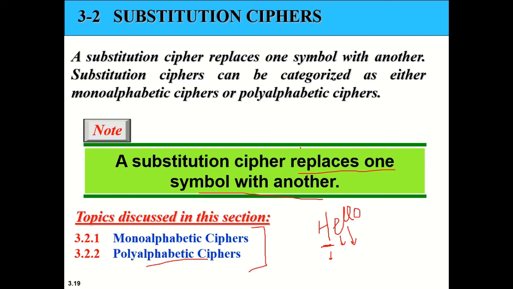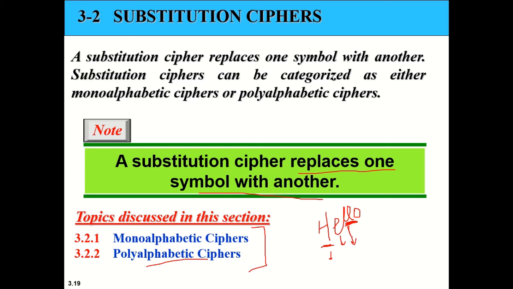Now in this substitution cipher, there will be only one replacement. This replacement will be 1 to 1 only. So if we have multiple same alphabets in a word, then all of them will be replaced by a single value.